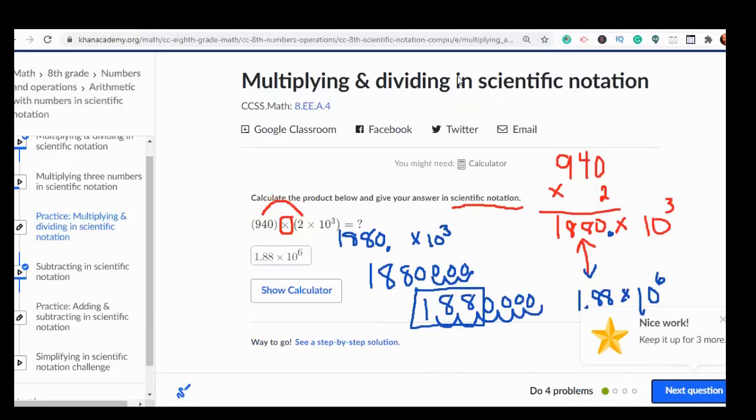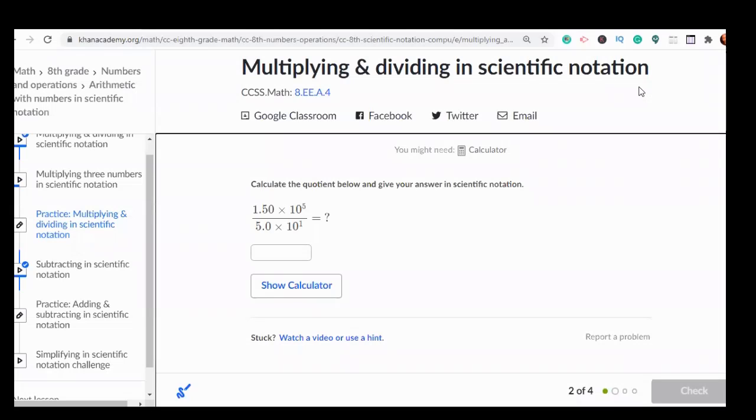Okay, let's do another one. So for example 2, we have a division problem. We're dividing two numbers that are in scientific notation. We have 1.5 times 10 to the 5th divided by 5.0 times 10 to the 1st power. So when I do a problem like this, once again, I'm going to start by focusing my attention on the regular numbers.